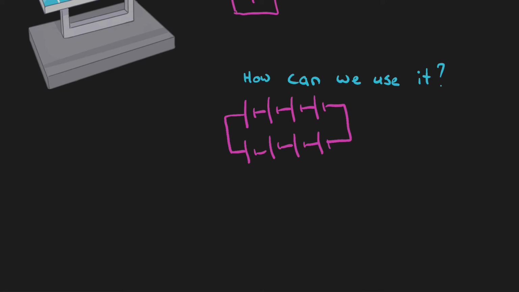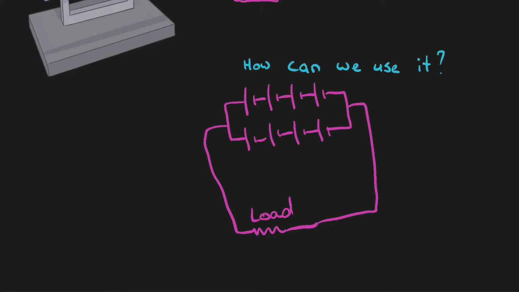Okay? And then you could have whatever you want down the bottom. You could have as your load, or in our case, a resistor. Alright? So that's positive, that's negative.